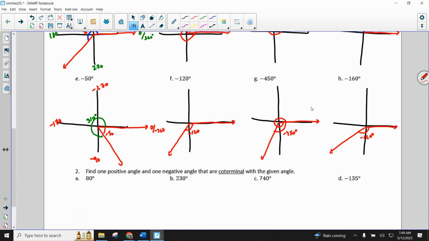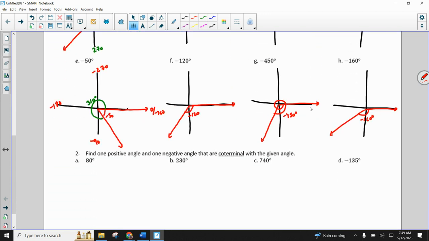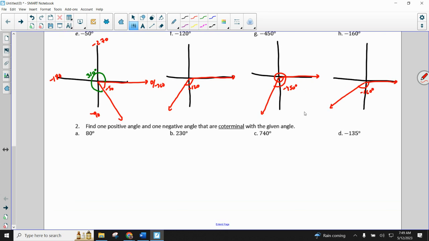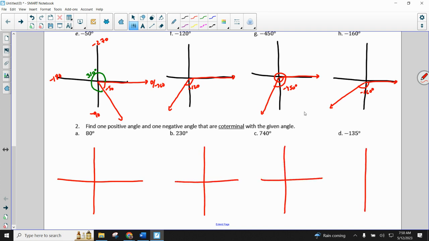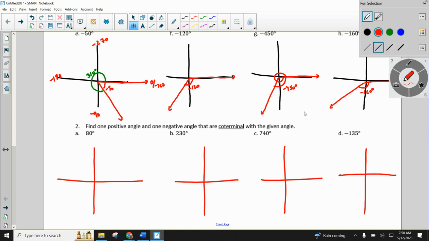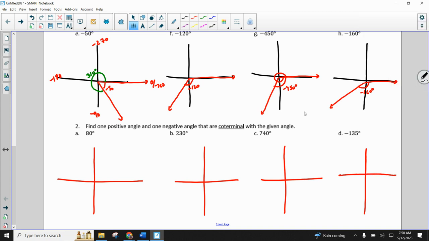All right, find one positive angle, one negative angle that are coterminal with the given angle. All right, so if we're going to do this, let's go ahead and map out 80 first. 80 somewhere before 90.